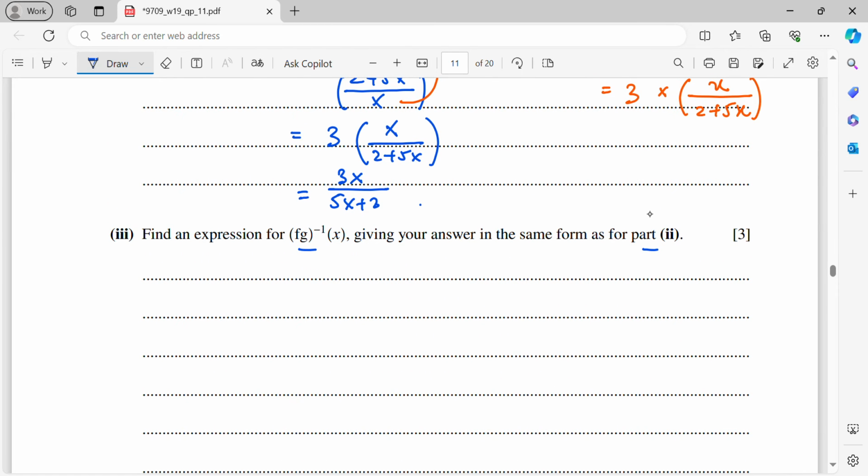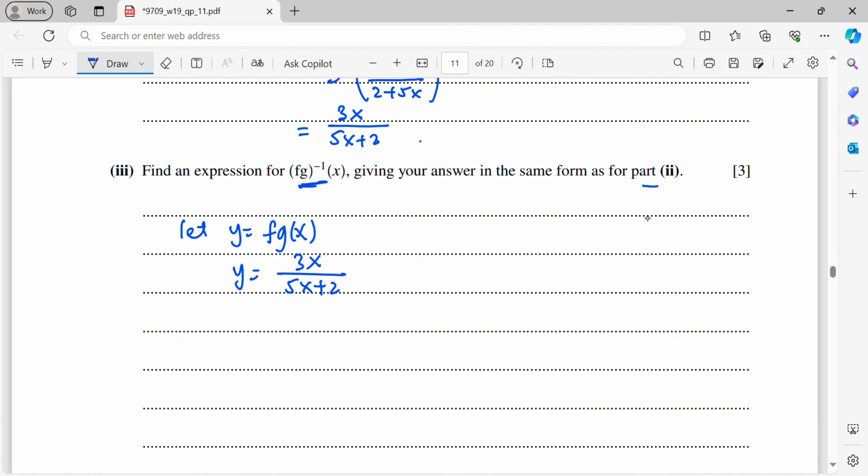Alright, so now I will let y be fg. That means your y is 3x over 5x plus 2. Now to get the inverse function, we make x the subject, which means this 5x plus 2, I move up to the y. And then from here, I will get y times 5x plus 2 equals 3x.